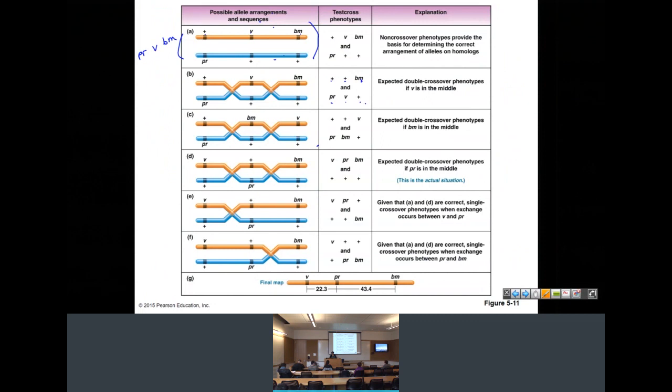Which one is different than the parental? The BM? No. The V. The V is in the wrong direction. Because it's plus V BM, PR plus plus, the one that's different is the V. It's in the wrong order.